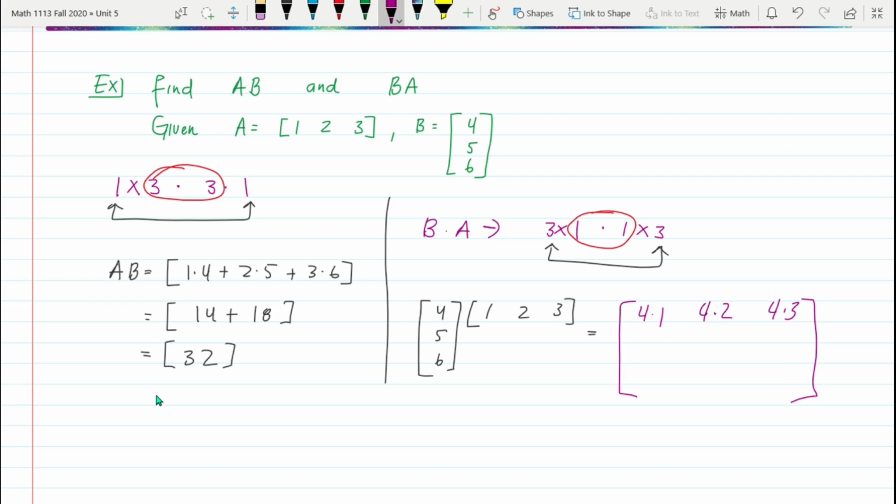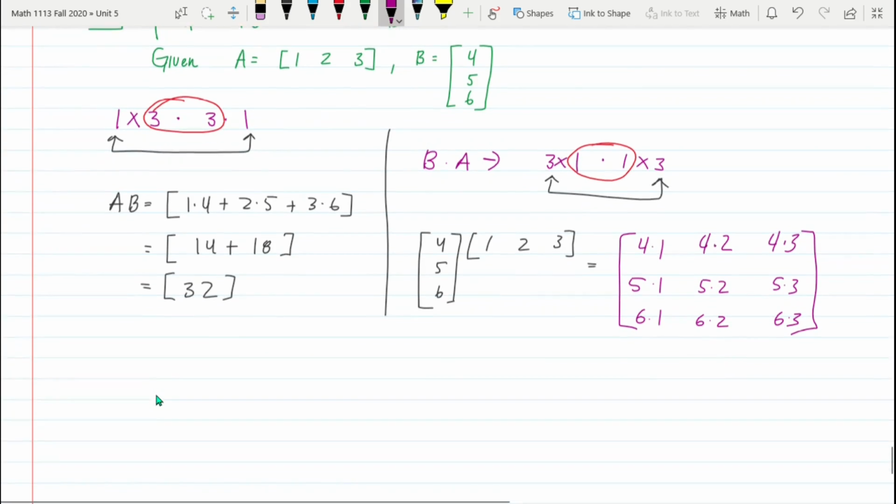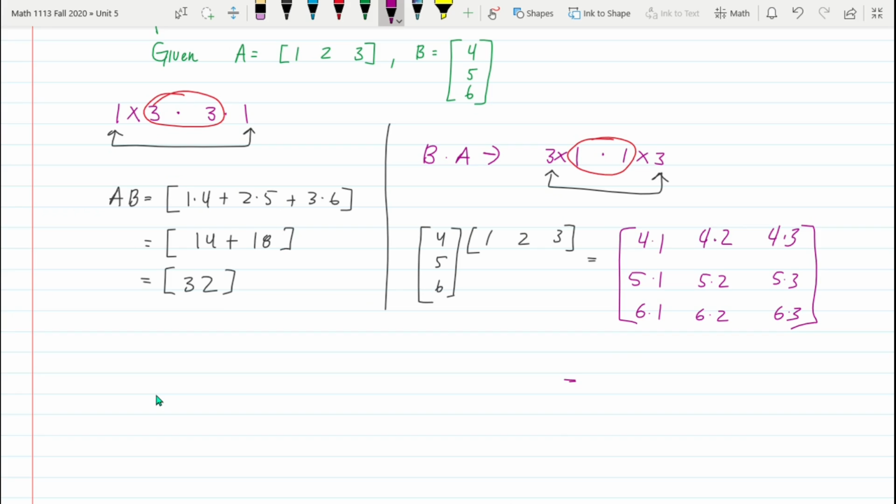Then it goes 5 times 1, 5 times 2, 5 times 3, and then 6 times 1, 6 times 2, 6 times 3. So 4, 8, 12, 5, 10, 15, 6, 12, 18.